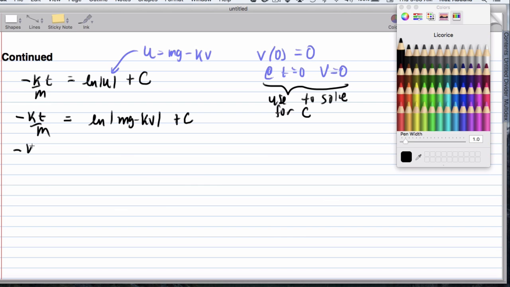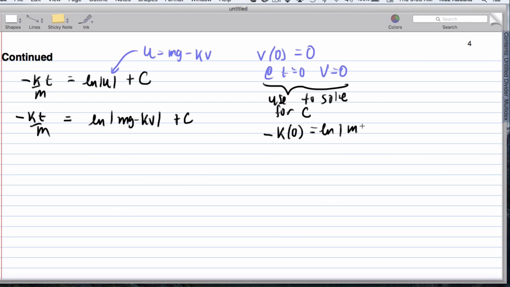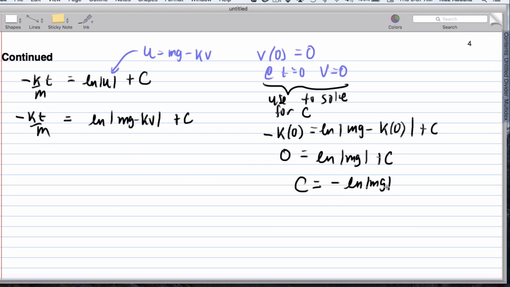So negative k times 0 equals the natural log of mg minus k times 0 plus c. When we isolate c, we get 0 equals natural log of mg plus c. So it turns out c is equal to the negative natural log of mg, and we can substitute that back into here. So negative kt over m equals the natural log of mg minus kv minus the natural log of mg.